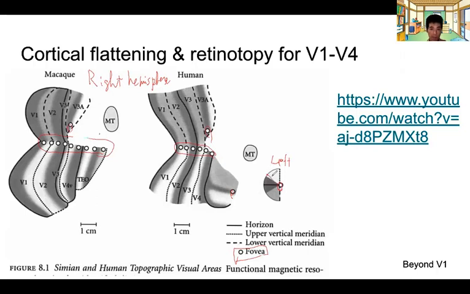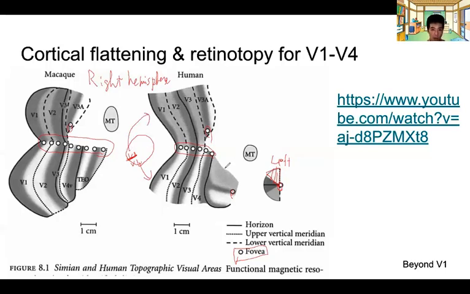And then the upper part of the left visual field goes into the lower part of the visual cortex. This is a bit difficult to imagine, but the right cortex is now cut around here and opened up for V1. So the lower part gets here and the upper part of V1 gets here.